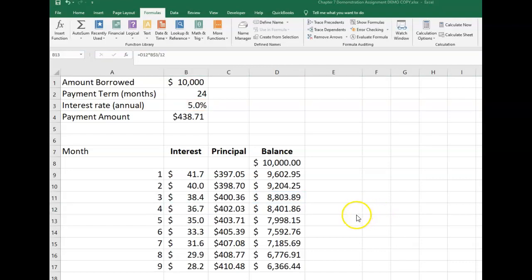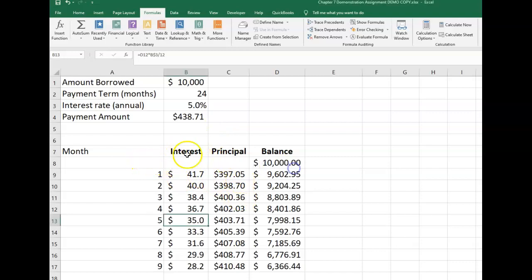But some of you may be looking at this saying, I know Costello. Costello would not like a messy schedule like this at all. And I agree, I don't like a messy schedule. You do want your loan amortization schedules to be in 2 decimals, because the bank is not going to let you get away with paying $402 or $438 when you should pay $438.71. So leave it at 2 decimals.